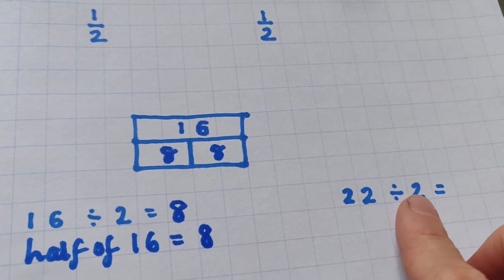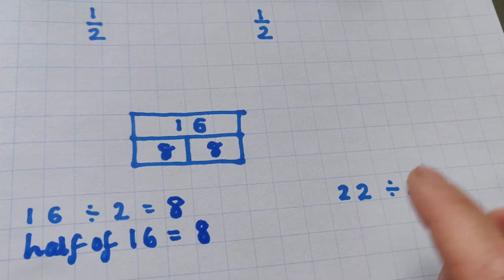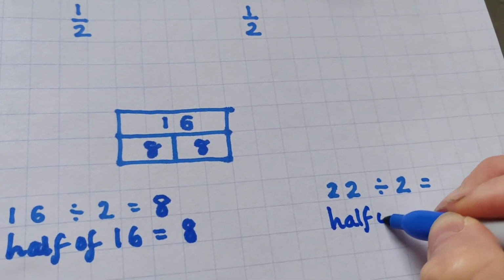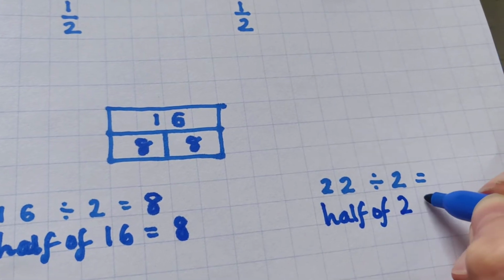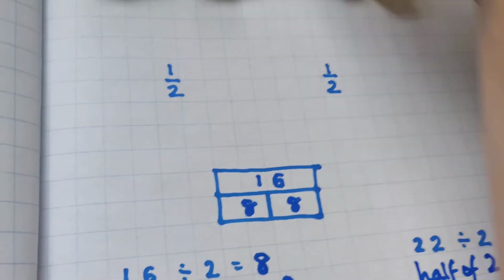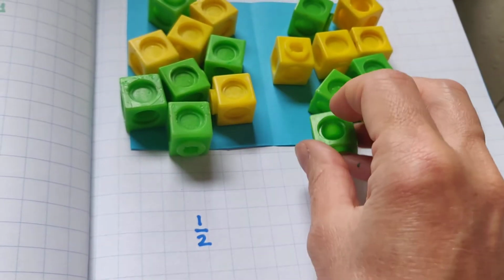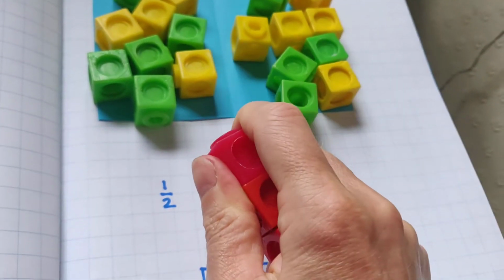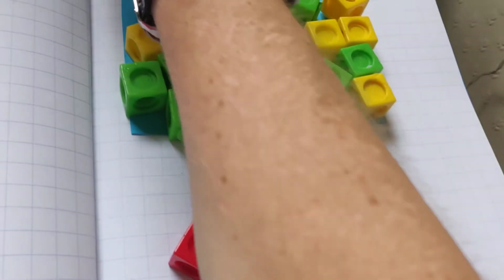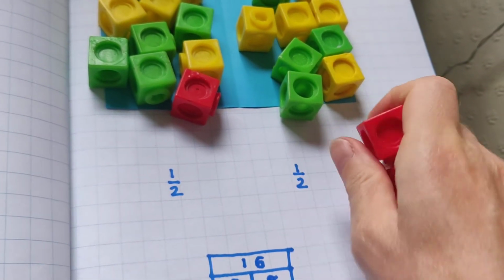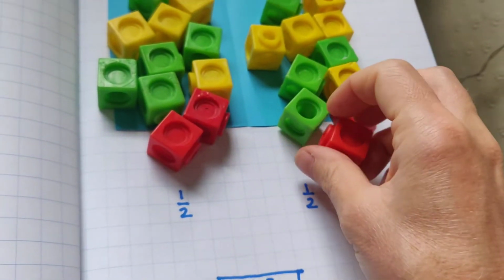So 22 divided by 2. So that would be the same as finding half of 22. Okay. So I've already got 16 there, so let's just count on from 16 rather than start again. 16, 17, 18, 19, 20, 21, 22.